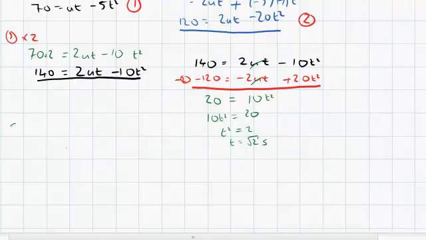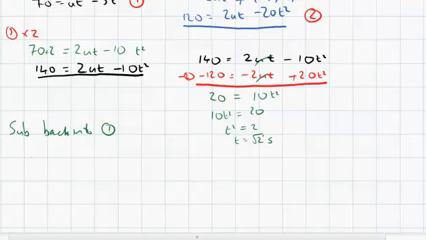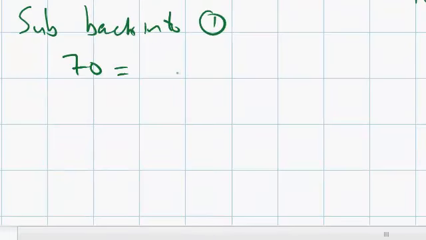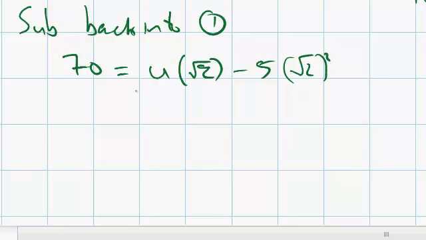So subbing back into equation 1, we get 70 is equal to u times root 2 minus 5 times root 2 squared. It's always a good idea to include the brackets and take your time with those steps. They're very easy to make a mistake in. Root 2 u minus 5 times 2, so minus 10. Let me move them around.